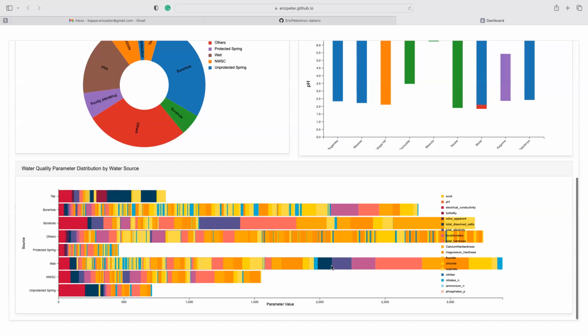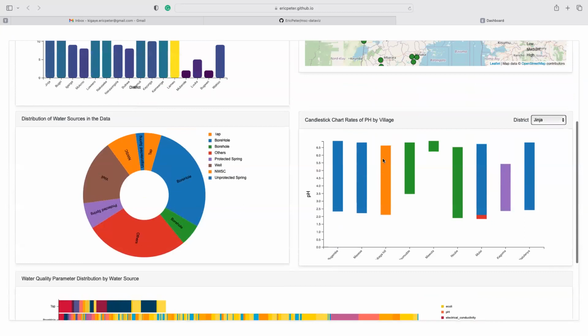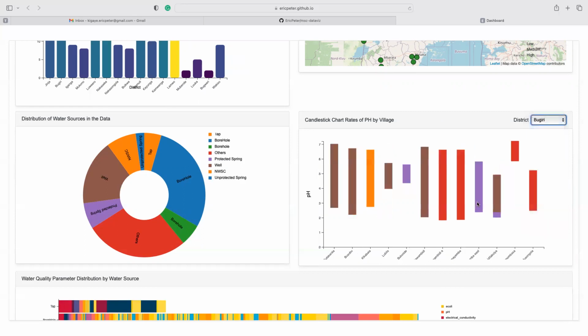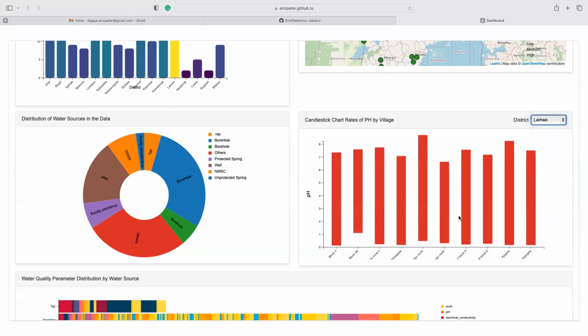Now, to get a sense of the pH of the data on the village level per district, we added a filter here that will help us look at the water pH at district level, and realize that a district like Lamwo has a high pH in the water.